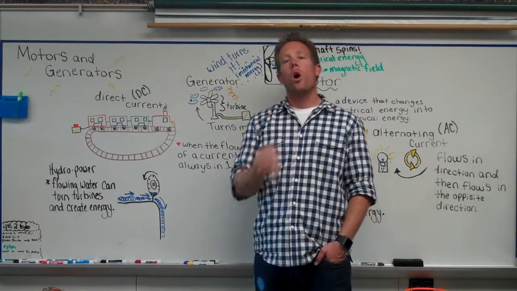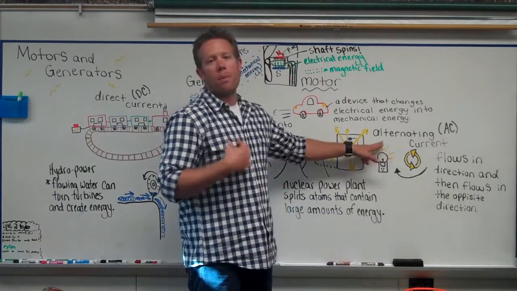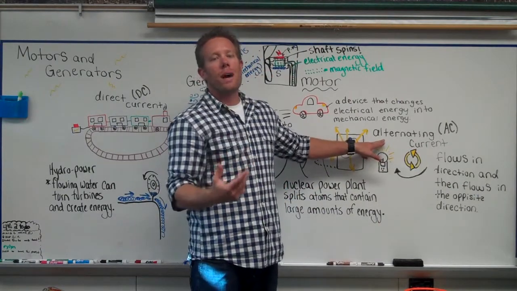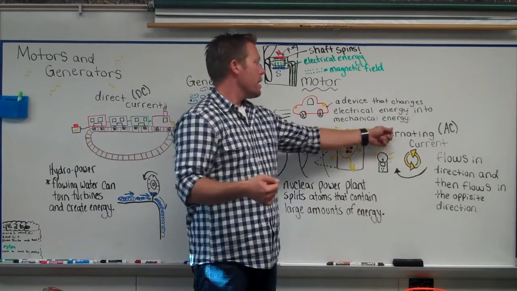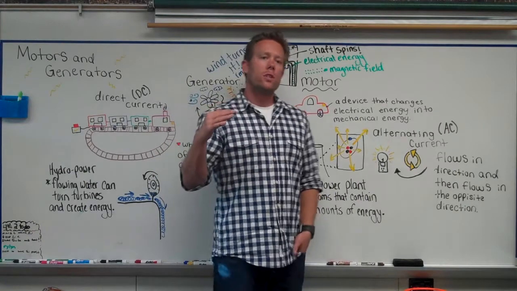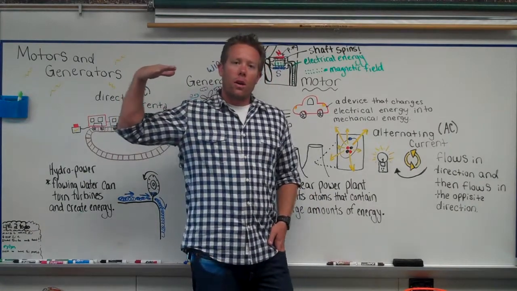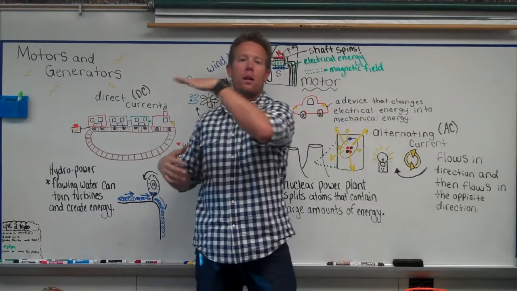The other one is called an alternating current or AC. And you can see an example of it here. Many of the devices that we use when we plug into an outlet is AC or alternating current. Basically, with an alternating current, the current flows down one way, but then it goes back on the same path.